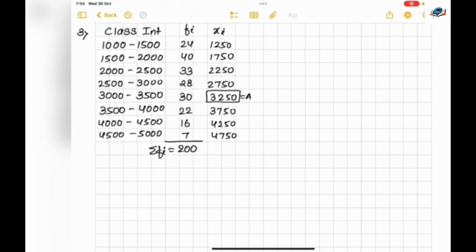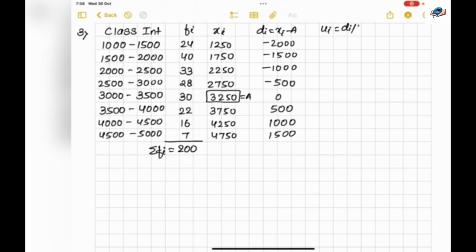Now, let us first find the mean. So, this I am taking as a. So, di will be xi minus a. So, that will be minus 2000, minus 1500, minus 1000, minus 500, 0, 500, 1000 and 1500. So ui will be di by h.